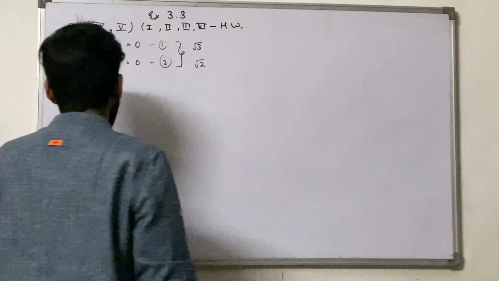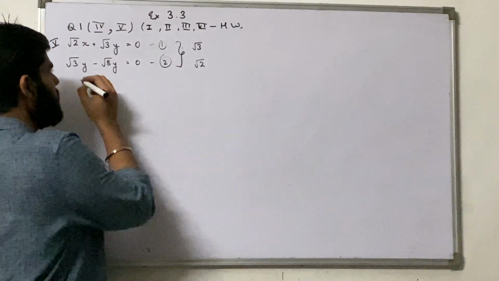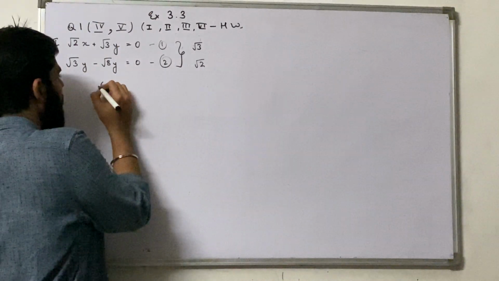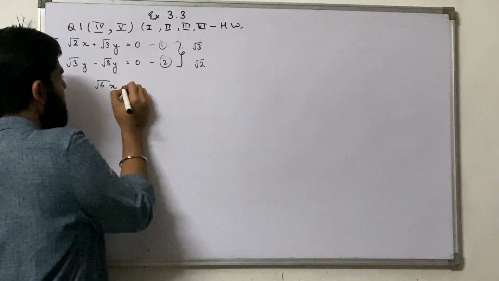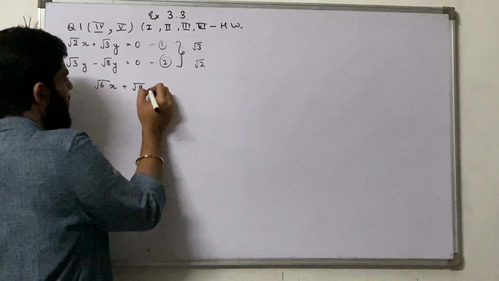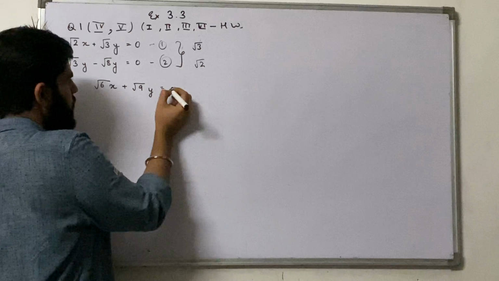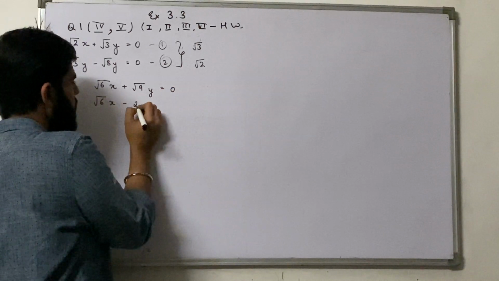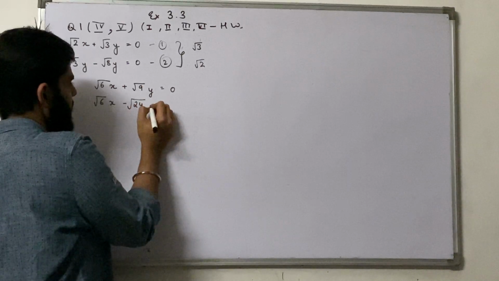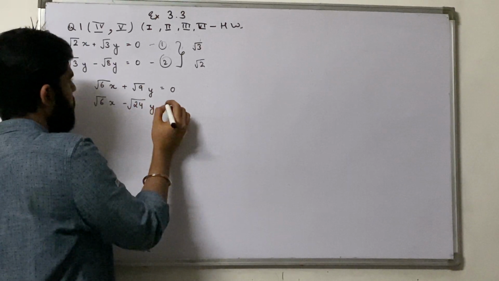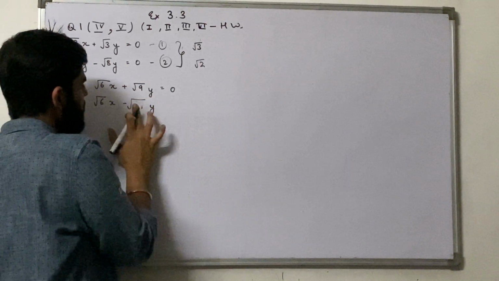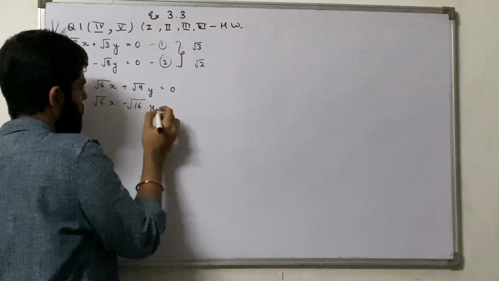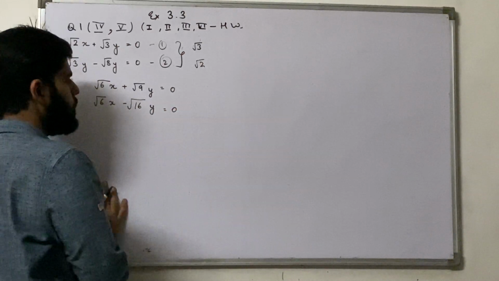Now we will rewrite these equations. The first one comes out to be under root 6x plus under root 9y is equal to 0, and the second one comes out to be under root 6x minus under root 24y, sorry, this comes out to be under root 16y, is equal to 0.